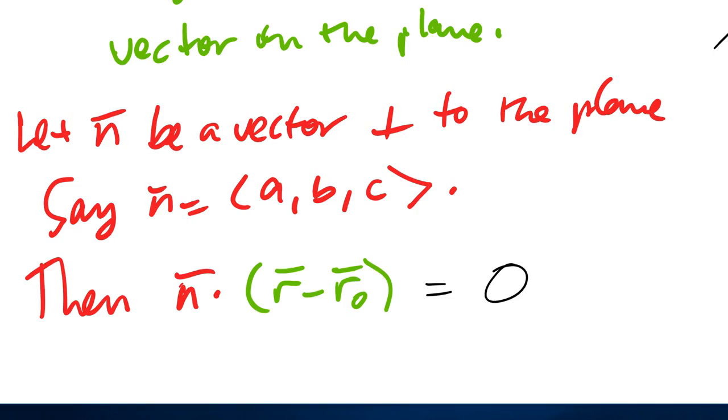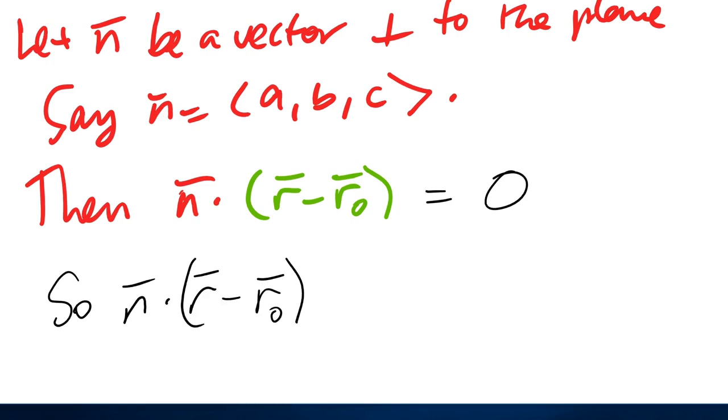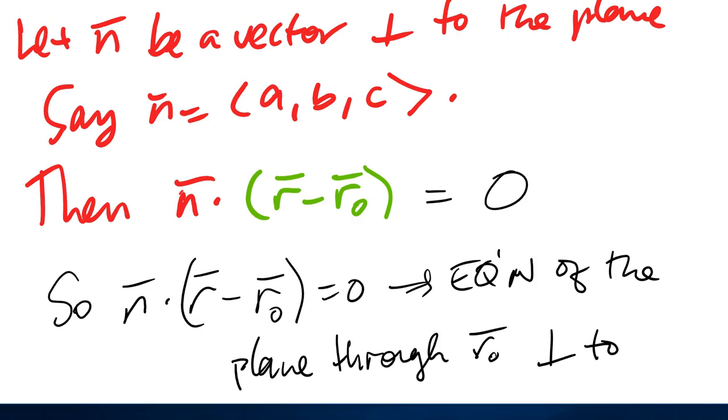All right, well, that is our formula that we need. Okay, so n dotted with r minus r naught equals 0. This is the equation of a plane through r naught and perpendicular to n, like that.